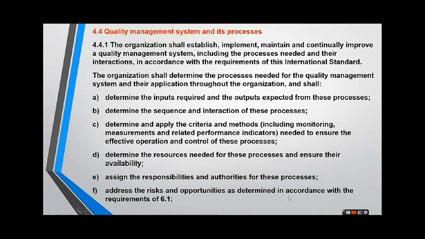What are the inputs? What are the outputs? You have to specify the inputs required, like what is needed to be input, and the outputs are the results that are expected from this process. For example, for those who are getting confused about inputs and outputs, let's make it simple.